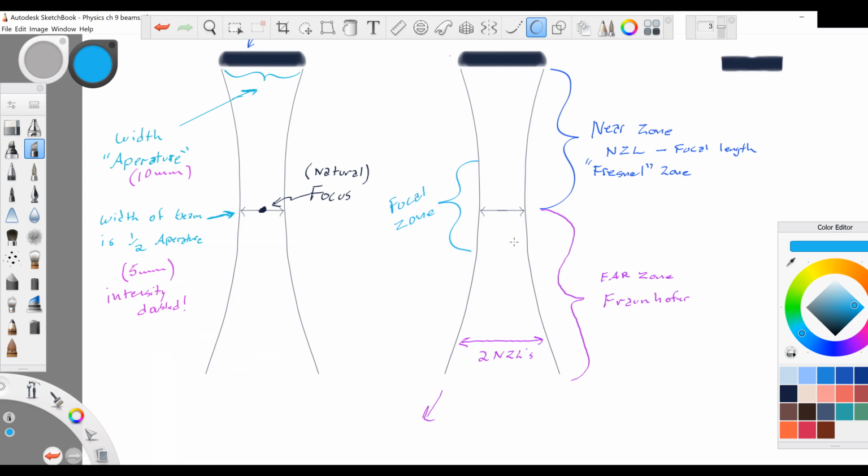The focus marks the distance from the transducer, the focal length. You know what, let's just draw in a focal length. Green is pretty.